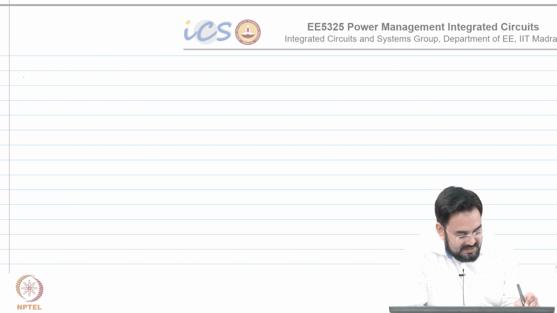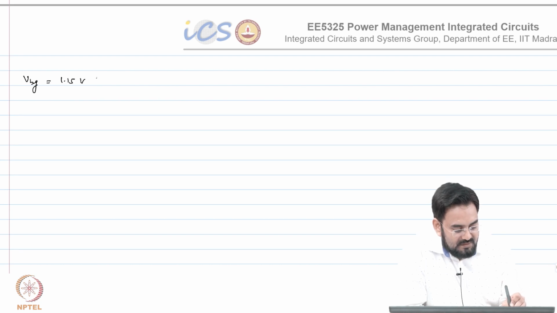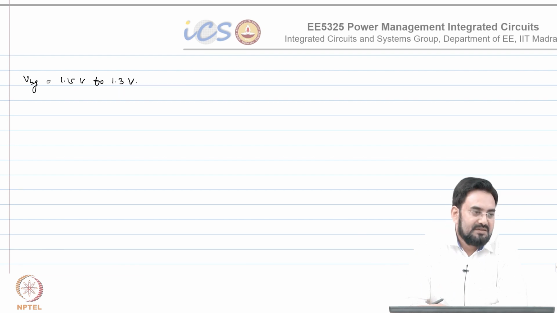So, this VBG is 1.15 volt to 1.3 volt. That is what you get, which means how much VDD you require to generate this band gap? Obviously more than 1.3.